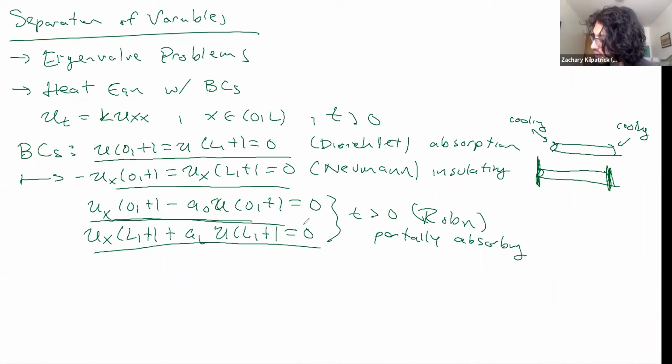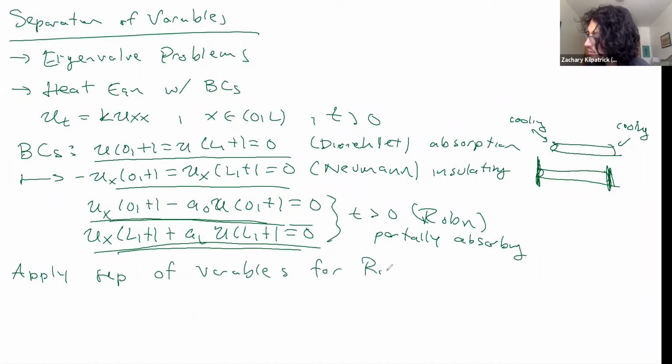We're going to look at a practice problem now just on how to handle the Robin boundary conditions. I know I'm doing a super long setup to this problem, but it's some opportunity to review material.